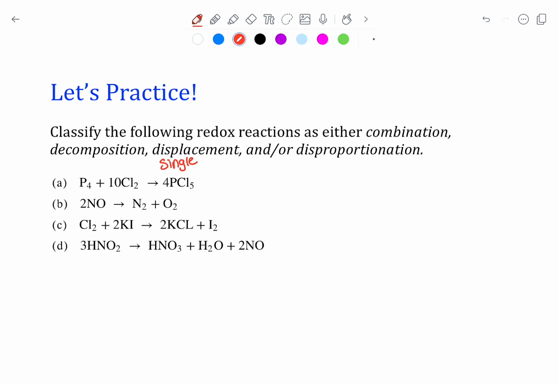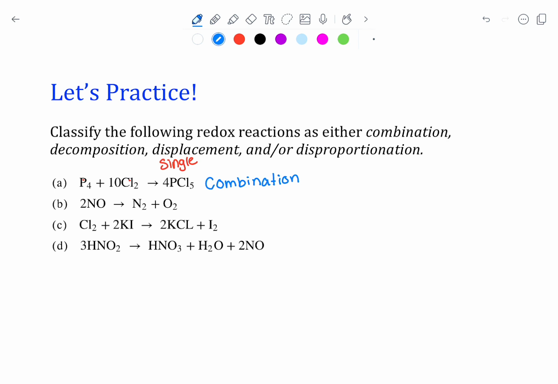Okay, so our first one here, we have two reactants turning into one product. We have phosphorus and chlorine turning into phosphorus and chlorine together. So this would be a combination reaction, going from two reactants and combining them into one product.